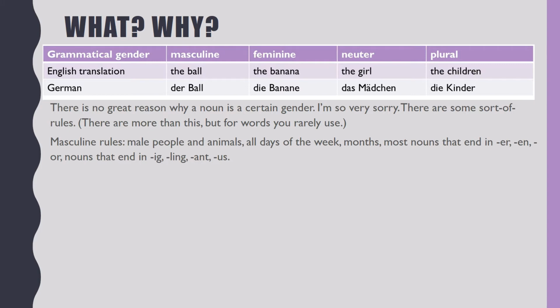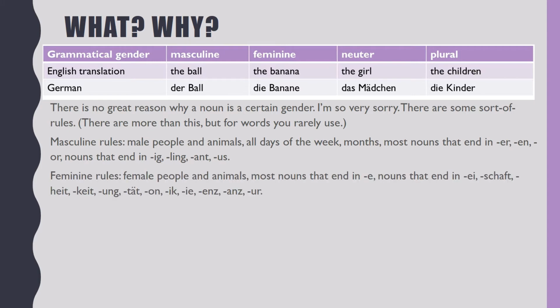Masculine rules include male people and animals, all days of the week, months, most nouns that end in er, en, or, and all nouns that end in ig, ling, ant, and us. Feminine rules include female people and animals, most nouns that end in e, nouns that end in ei, schaft, heit, keit, ung, tät, ion, ik, ie, enz, anz, and ur.